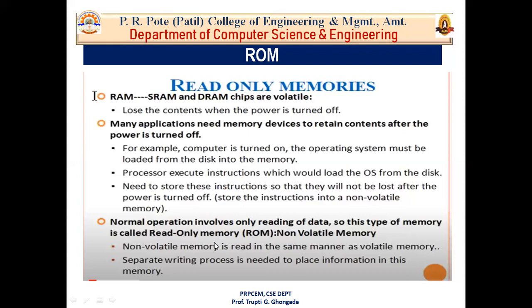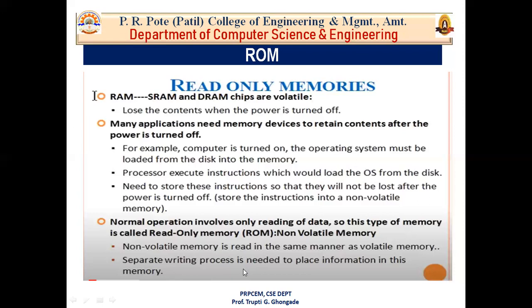In non-volatile memory, the read operation is the same as we learned in volatile memory, but writing is different. So read is the same, but writing is a bit different. A separate writing process is needed to place information in this memory.